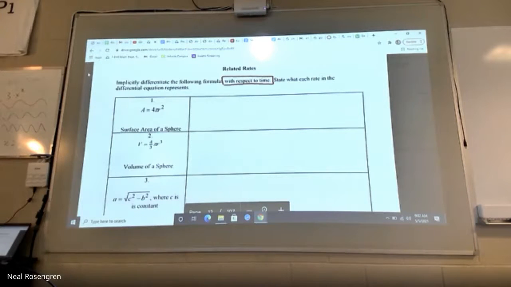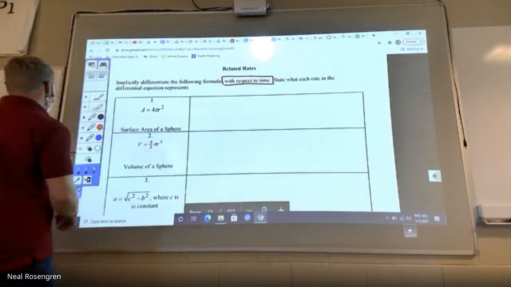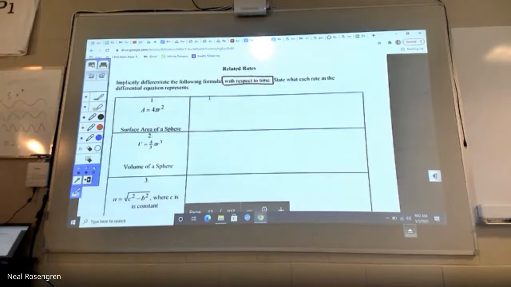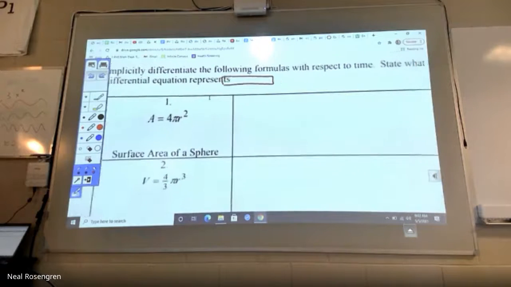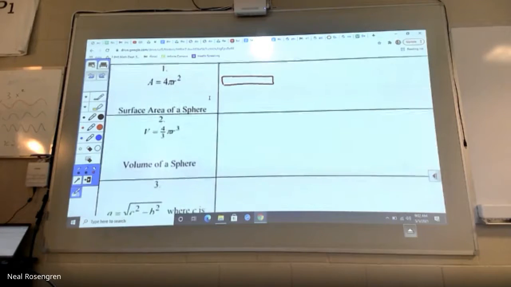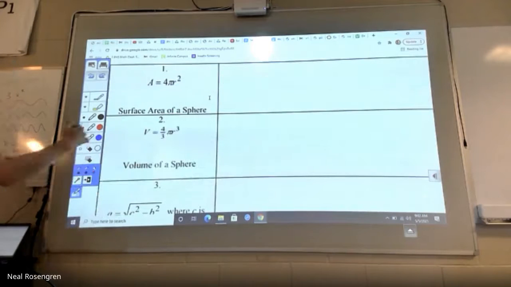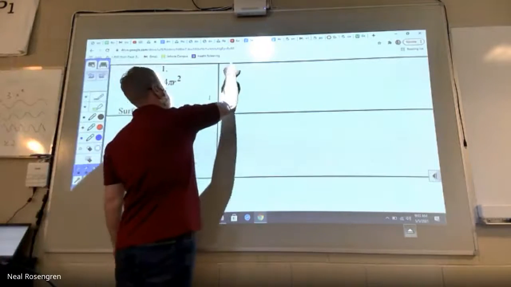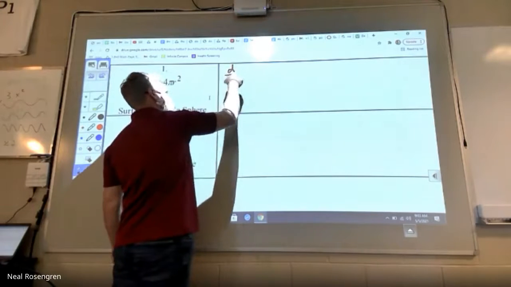Let's try it. Let's take this first one. I'm going to blow it up a little bit so I've got some more space. Let's see if we can implicitly differentiate this surface area formula for a sphere, A = 4 pi r squared, with respect to time. Let's do d/dt.